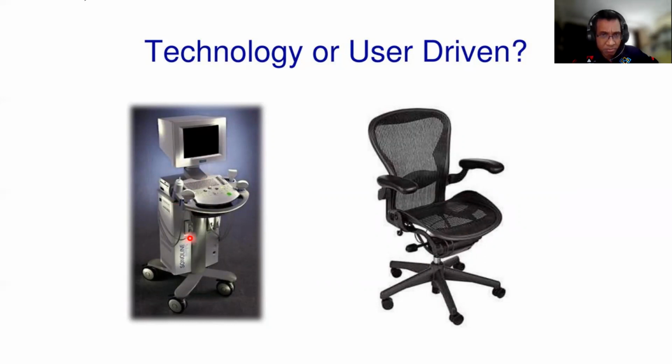But this one is more technology driven, because the shape you see here is just to display things, while the powerful workstation uses a high-spec technology computer. So this one is more technology driven, and the others are more user driven.